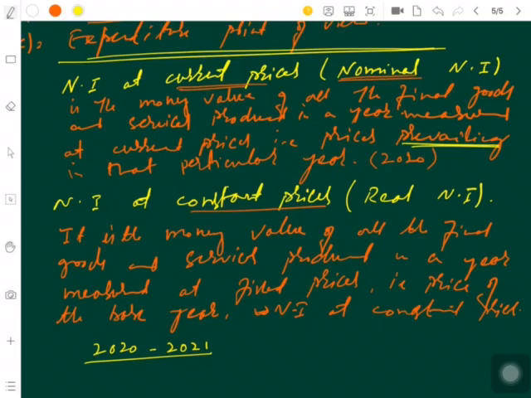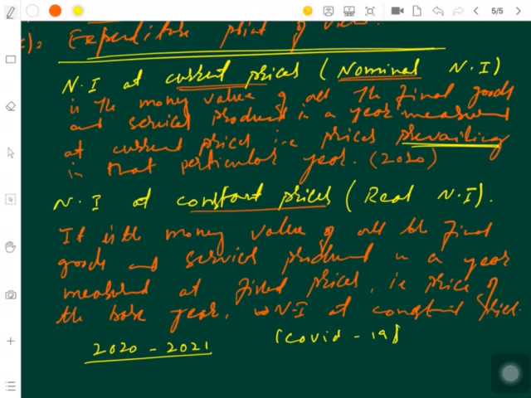When we calculate national income next year, we won't take 2020 as the base year. We cannot take 2020 in future as a base year, because 2020 is the year of COVID-19, and the lockdowns have had a lot of effects on price levels. So a year will be taken which would act as a base year. Say in the Indian context, 2004-2005 used to be a base year, because it was free from different problems.